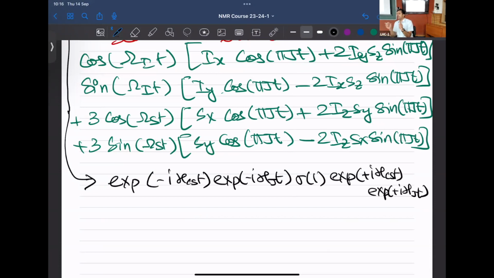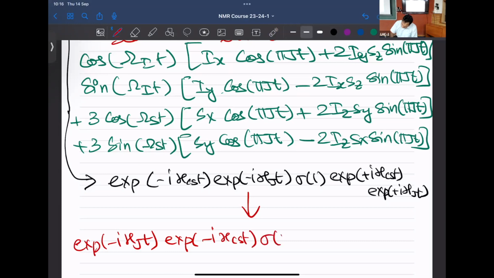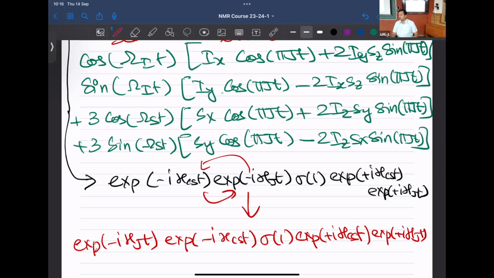We are able to split it into two operators because a and b commute here. And at the same time, since a and b commute, you can change the order. So how are we changing the order? We are changing the order such that it's exp minus i H_J t, exp minus i H_CS t, sigma 1, exp plus i H_CS t, exp plus i H_J t. I have just swapped this order. I kept the other one constant.